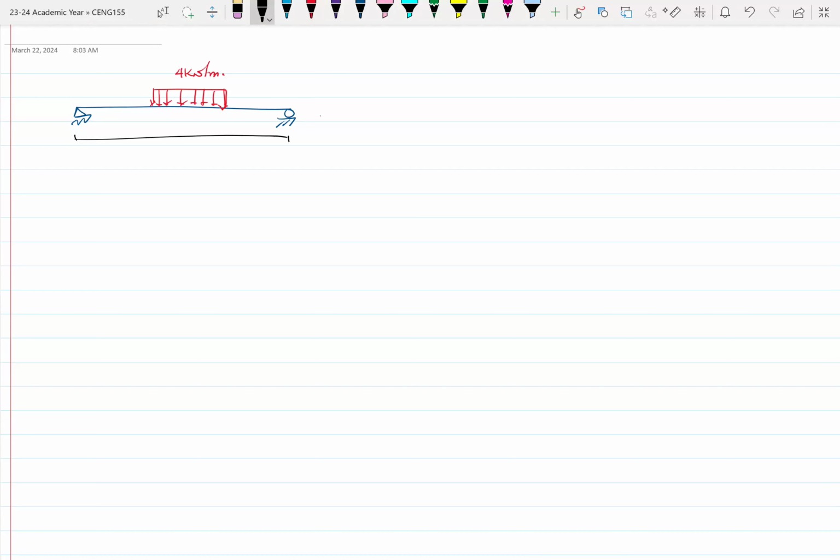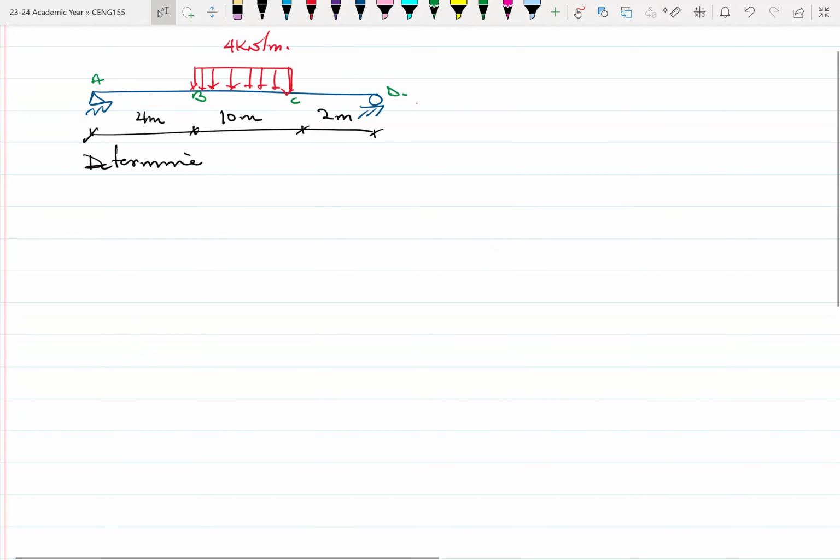So we have these dimensions. Okay. This is 4 meters, 10 meters, 2 meters, A, B, C, and D, right? And the question says determine the support reactions. Okay.